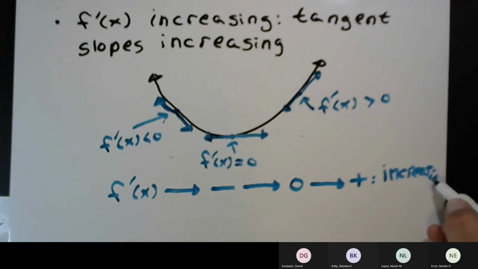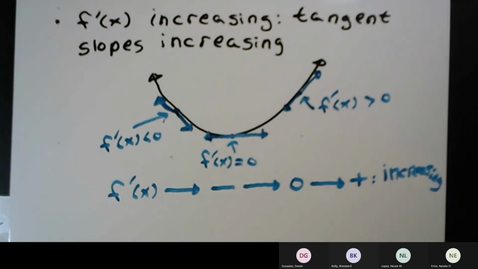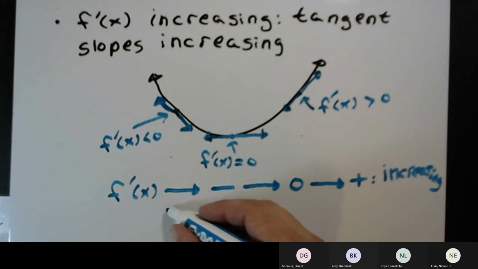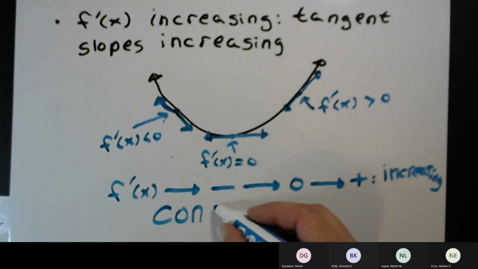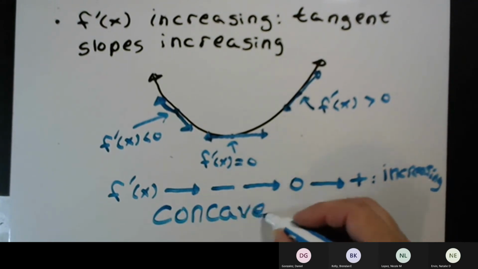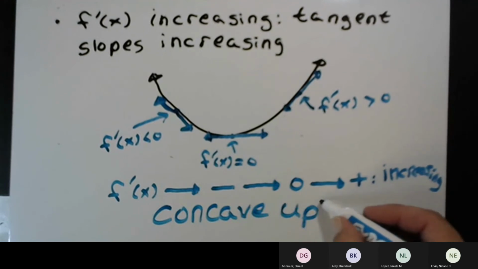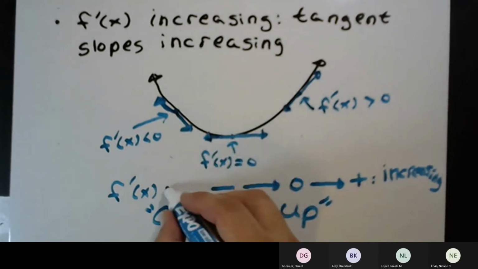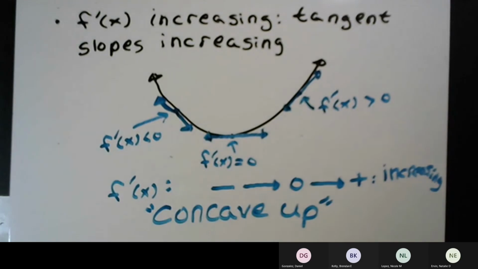So this is what we mean by concave up. And here, I'll put a colon here. I think that makes a little more sense. So you go from, say, negative to 0 to positive.